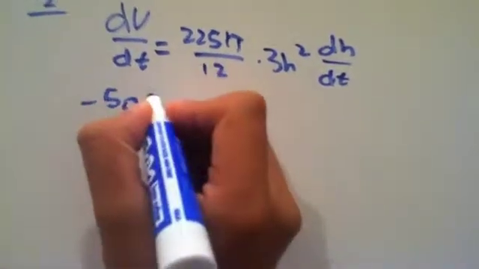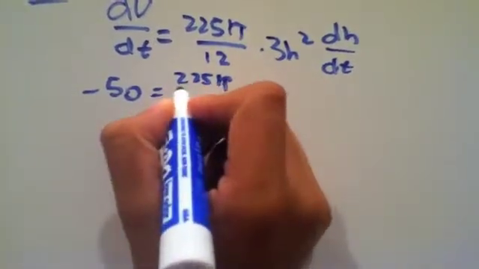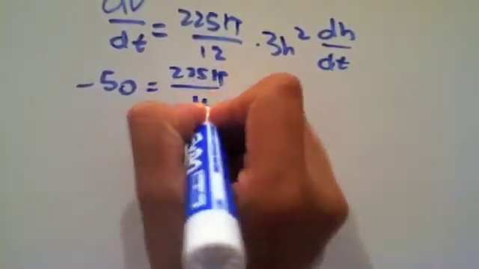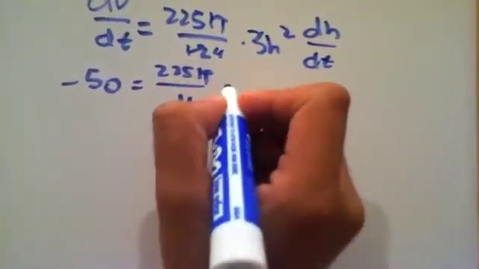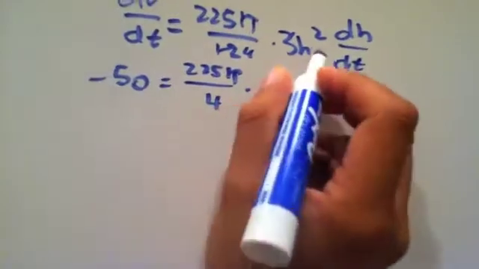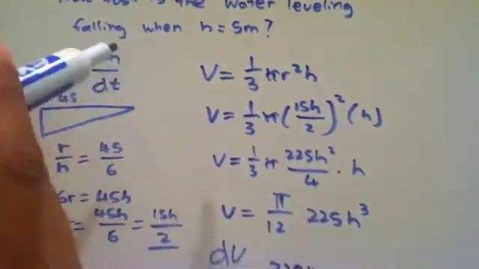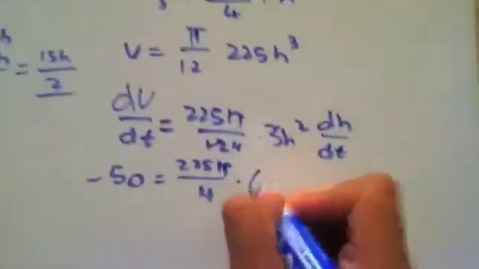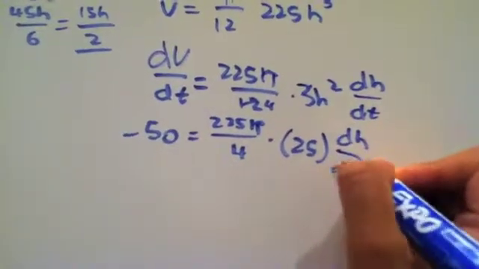Now we start replacing the terms. Negative 50 is equal to 225 pi over 12, or actually pi over 4, as this and this cancel out, giving a 4 there, times h squared. We're asked how fast the water level is falling when the height is 5, so h squared is 25, times dh over dt.